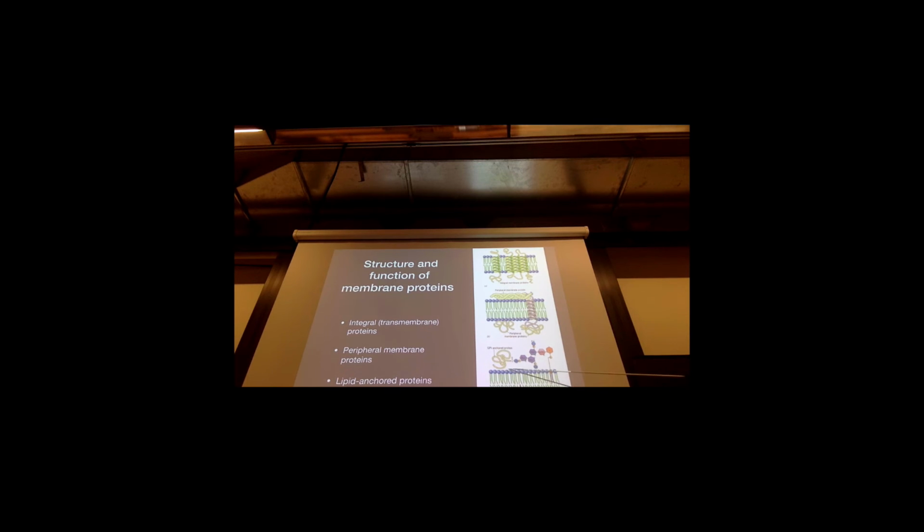You can see the protein would be shown by this, what we call this, like ball of yarn. And it's attached to a lipid through a phosphoinositide linker. And you can see that then this protein will not be able to detach from the membrane because it's attached basically to a lipid, which is an integral part of the membrane.